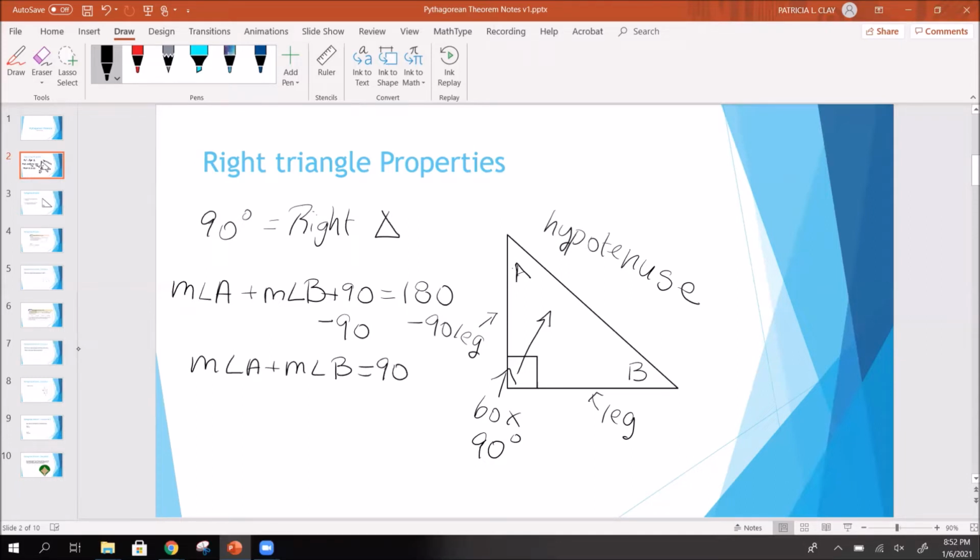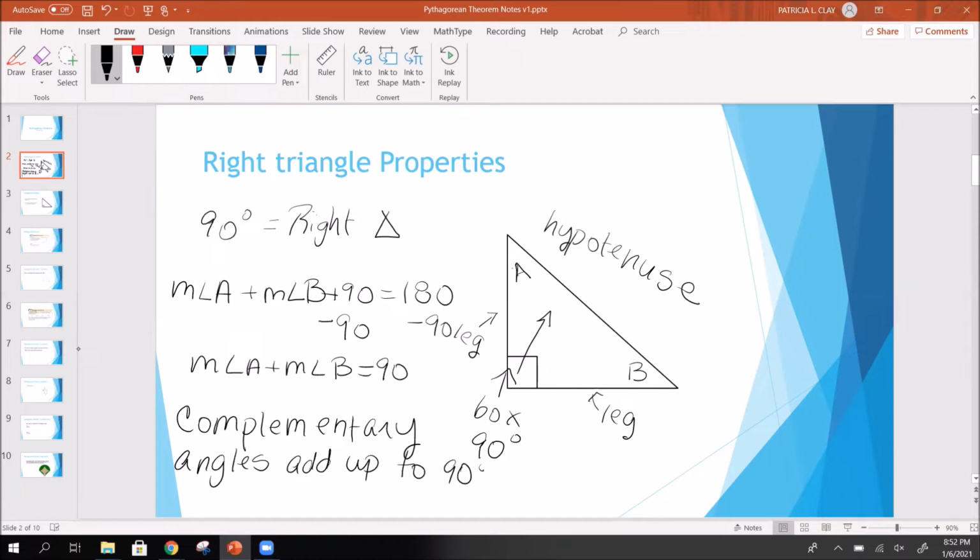So we know these two angles have to add up to 90 degrees. Do you all remember what that's called? Complementary. Complementary angles add up to 90 degrees.